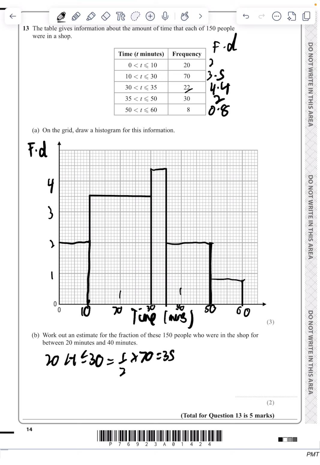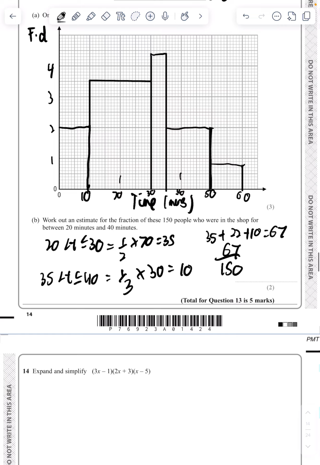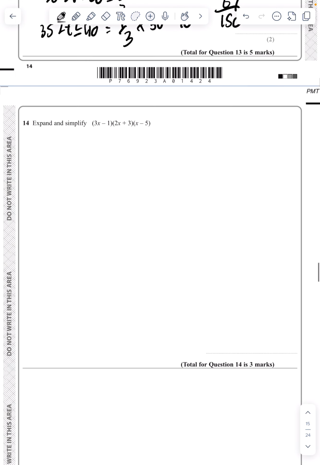And then between 35 and 40, it's just going to be a third, because that's the third of the class width, times 30, which is that total frequency, which is 10. So 35 plus 20 plus 10, which equals 67, out of the total 150. God, I hate histograms.